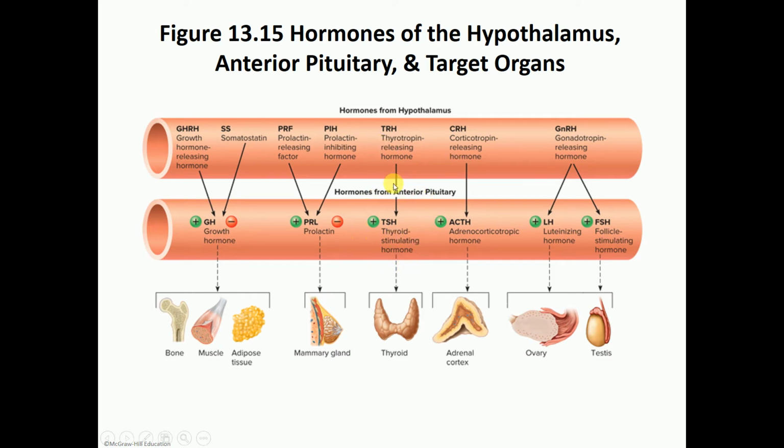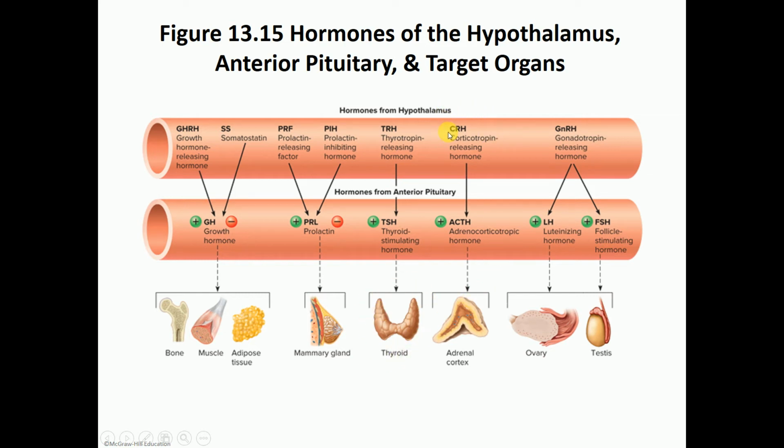Now, a third hormone that is released from the anterior pituitary is known as the TSH, or thyroid stimulating hormone, and it's under the control of TRH, or thyrotropin releasing hormone from the hypothalamus. This would stimulate the release of TSH from the anterior pituitary. TSH goes through the circulation to stimulate the thyroid gland to make its hormones.